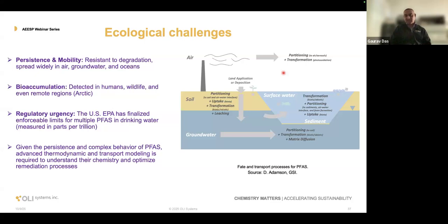So in certain places, some of the PFAS compounds are not allowed to be more than parts per trillion in water. Given the persistence of this compound and complexities of this chemistry, advanced thermodynamics and transport property modeling can actually aid to devise remedial actions.